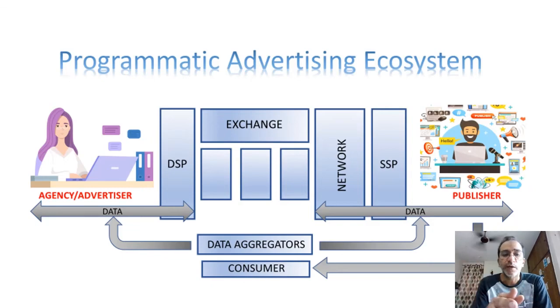So there is an advertiser or an agency, then there is a demand side platform, and the inventory is purchased or sold on the exchange, and networks are connected to it. Advertising networks are connected to it. Then there is the supply side platform or the publisher side. It is integrated. Data aggregators put a data layering in the system, and finally, when the consumer sees the relevant ad, he makes the purchase.